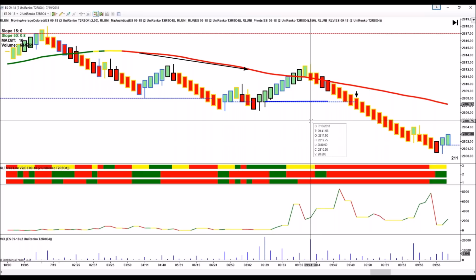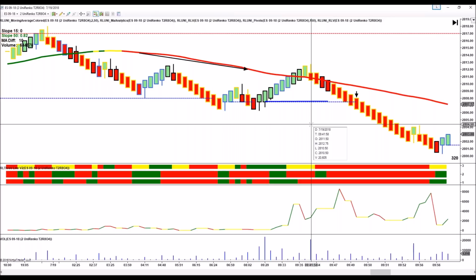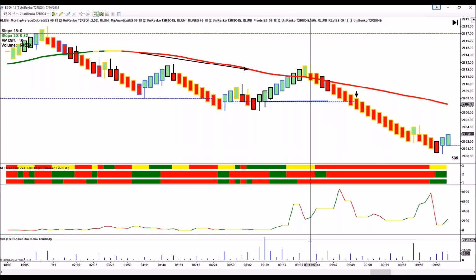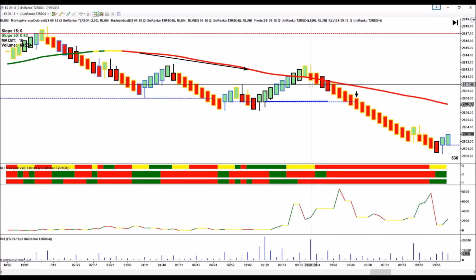So let's just take a look right here and look at the time. This is 9:41. Here's 9:44. It took 3 minutes for this candle to form. So likely a large component of the volume spike is the fact that this had 3 minutes to accumulate volume.